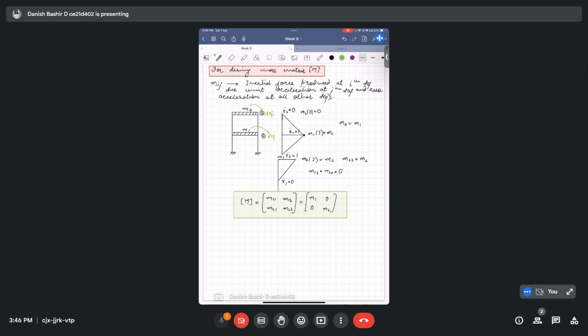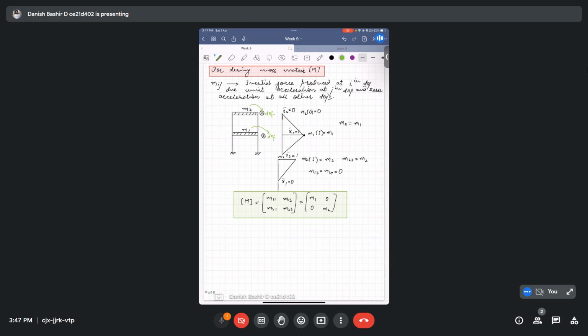So if we have a non-diagonal mass matrix, then we will try to diagonalize it and then use the improved mass matrix for the computational calculations because it reduces the computational cost. So we have to decide the degrees of freedom of our multi-degree of freedom system in such a way that mass is lumped at that point.